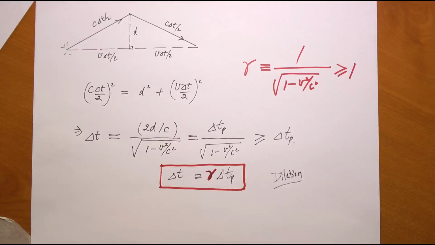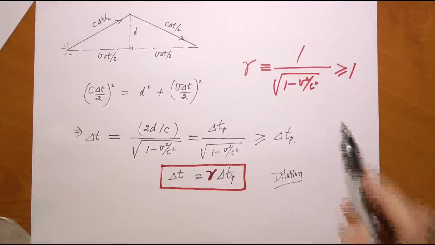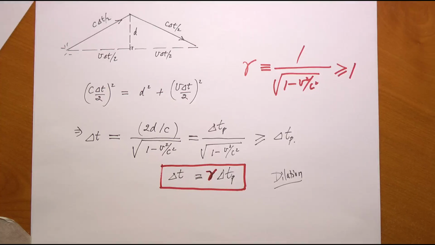It is something we can derive from his postulates. We never said to begin with that the speed of light has to be the fastest speed. We just said it has to be a universal speed. But it turns out, because it's a universal speed, it also has to be the fastest speed possible, because otherwise you would have a negative value inside the square root for gamma. You could get imaginary time, which is physically invalid.